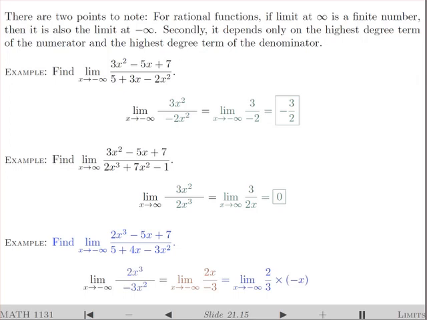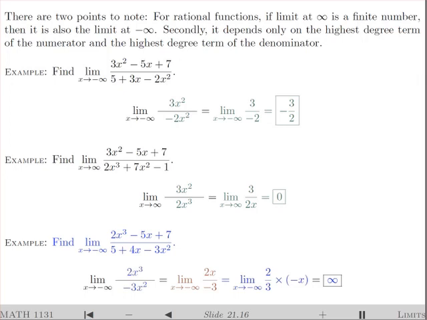Now 2/3 is a positive constant. We're finding the limit as x goes to negative infinity, which means that negative x goes to positive infinity. So I get 2/3 times positive infinity, which is also infinity. So the limit of the original function is also infinity.